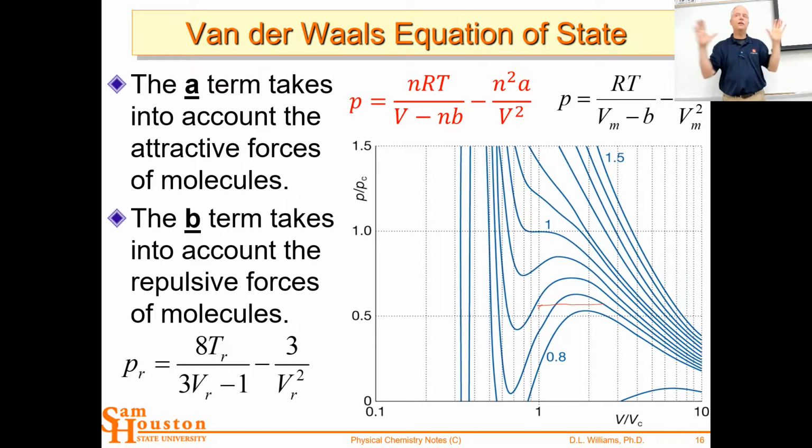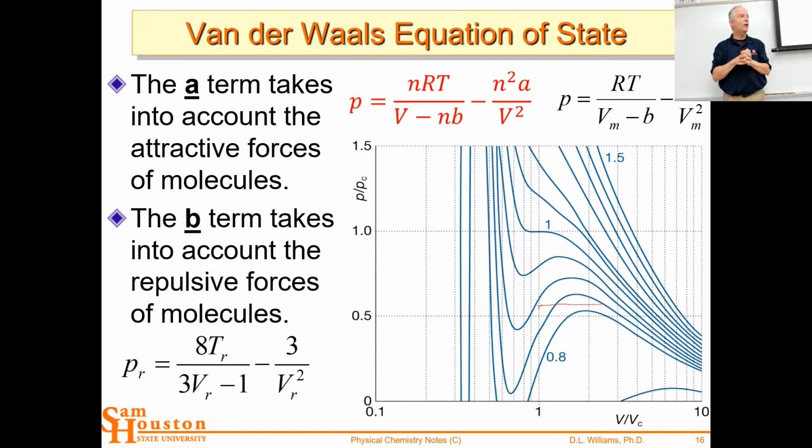Then you need to reduce the amount of volume by a little bit. So the volume effect of the particles actually having a volume should be subtracted from the volume of the room. So we see that correction in the denominator up there in red. We're subtracting some correction term from the volume based on the volume of the particles. And it would make sense that should be scaled by the number of moles. So if you have more moles of gas, then you're going to subtract more from the volume of the room.